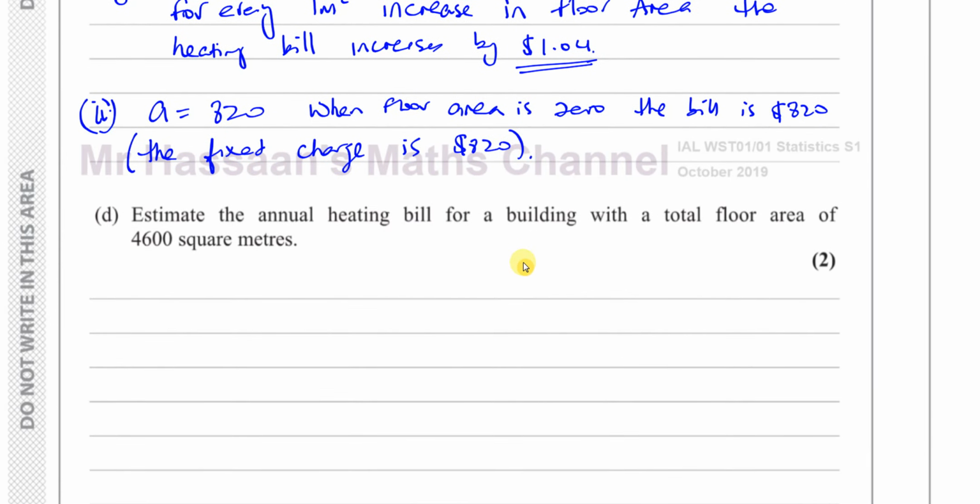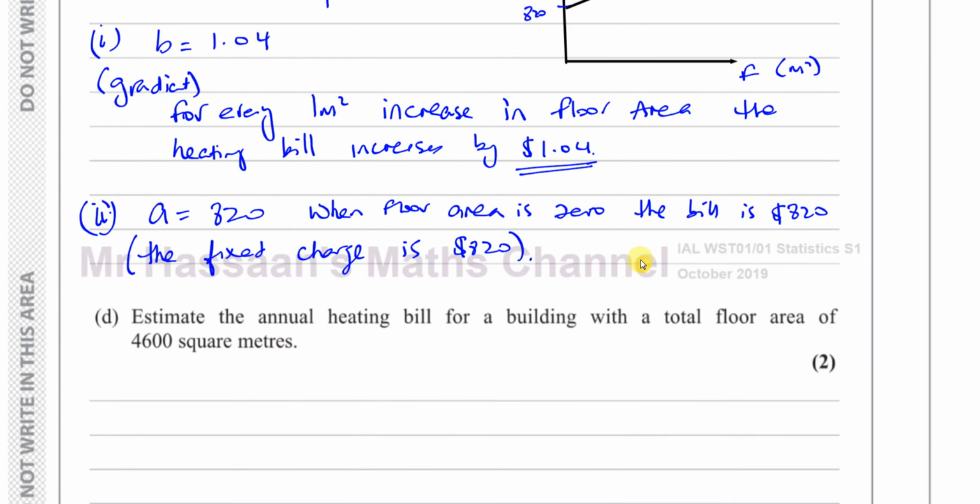Then it says part D, estimate the annual heating bill for a building with a total floor area of 4,600 square meters.